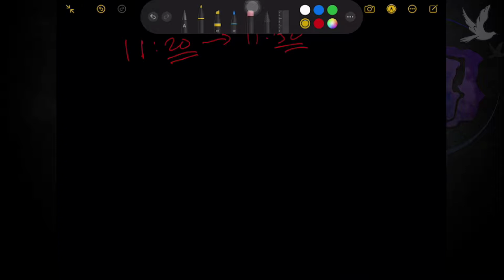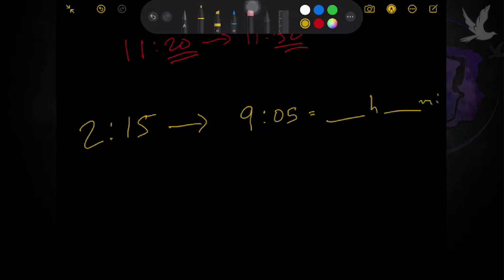Kasi there will be times that, for example, you have 2:15 to, let's say, 9:05. So, what is the equivalent in terms of hours and minutes? I mean, their difference in terms of hours and minutes.